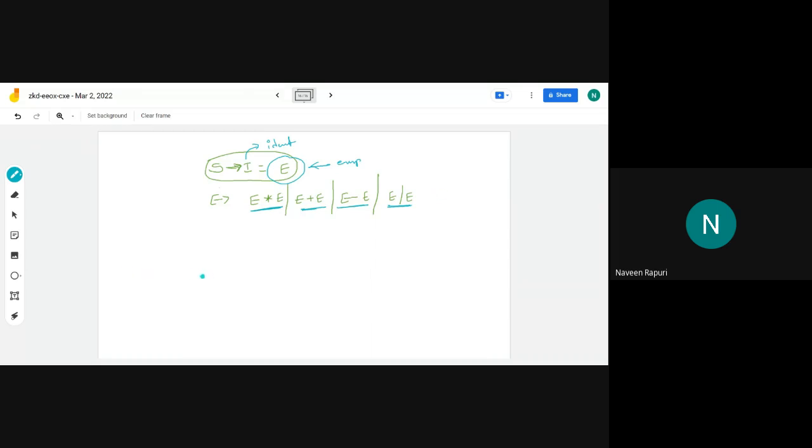Suppose we have an expression like this, n is equals to n into n plus n. So we can recognize this string like this.